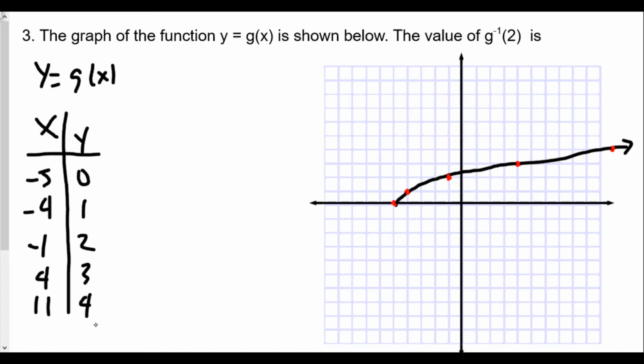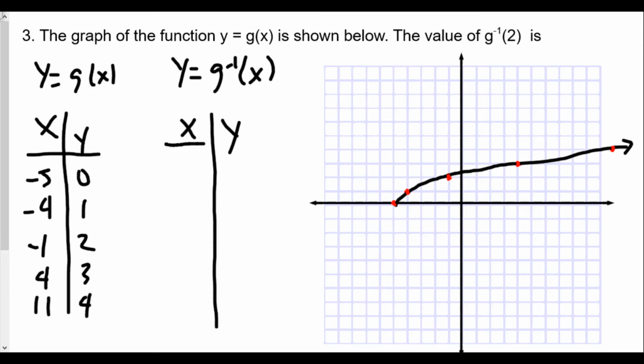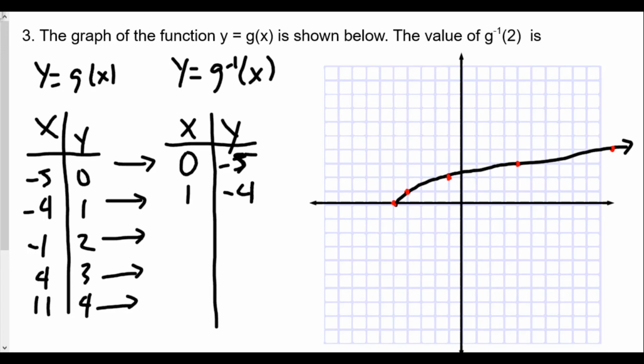Okay? Now, here's the thing. For the inverse, y equals g inverse of x, all we're going to do is switch our x's and y's. And therefore, when the x value is 0, the y value is negative 5. So here we are going to just change all of these and switch positions. Negative 4 comma 1 becomes 1 comma negative 4.